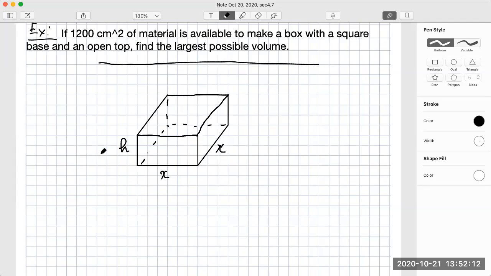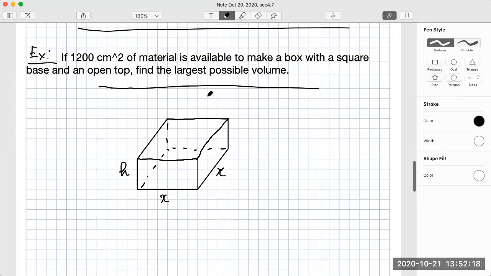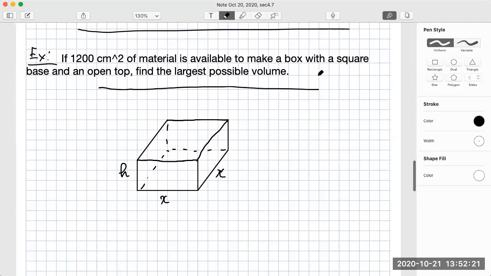Now, we know that the materials will be the base and the four sides, right? The top is open. So what is the area of this box? It will be the area of the base, x squared.